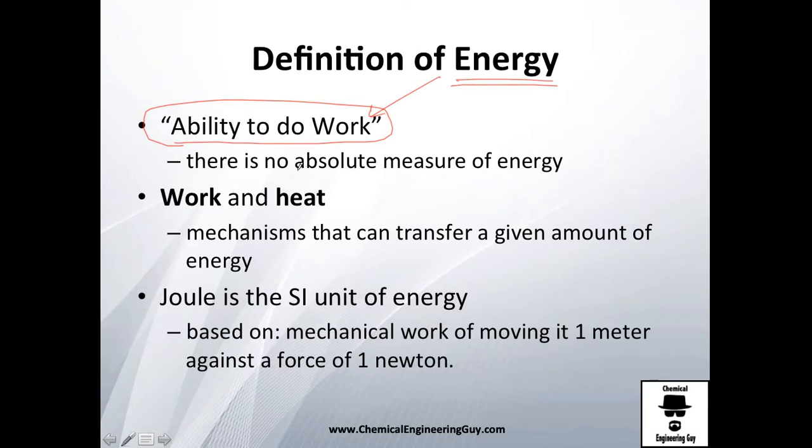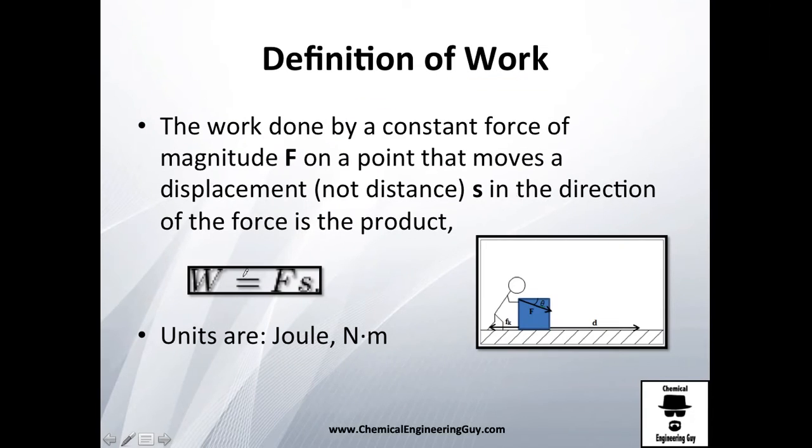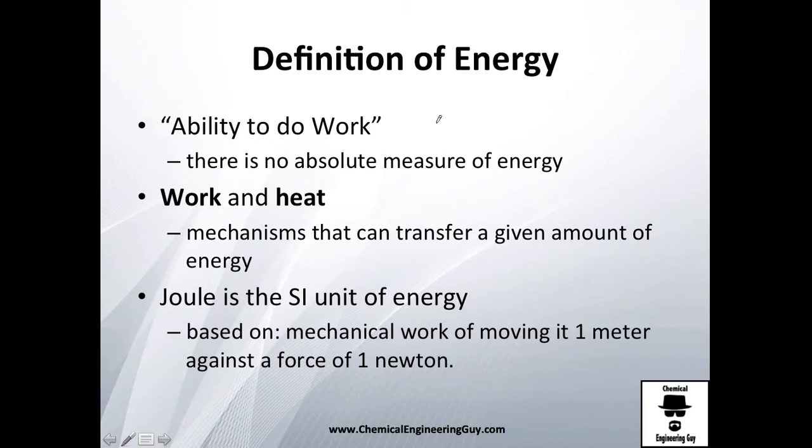The important thing here is that you cannot measure absolute energy. We will always be calculating changes of energy, whereas here we can actually calculate the work done. So for example, if here it has energy 1, and you move it here using work, it will have energy 2, and the change in energy will be the work.